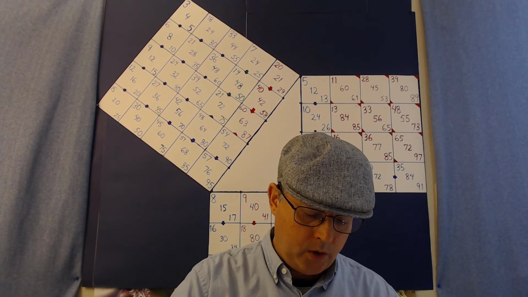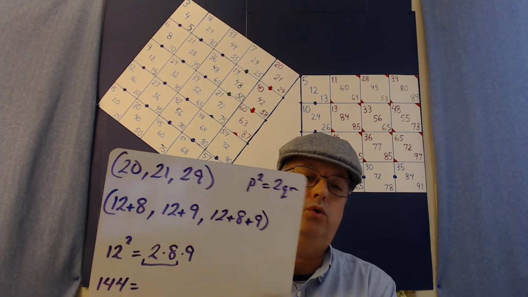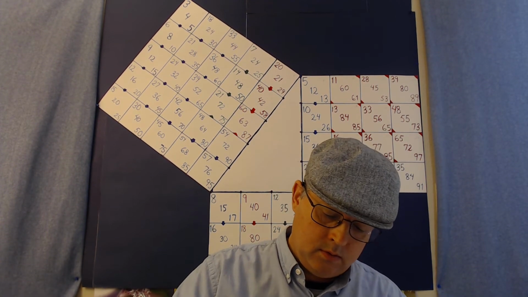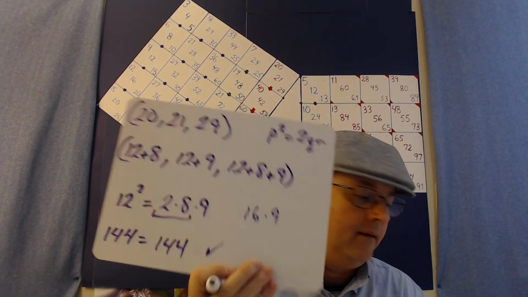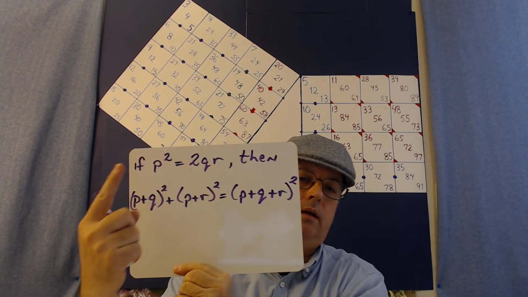And 12 times 12, that's 144. And then 2 times 8 is 16 times 9, well, that's 144 also. So it's happening on this Pythagorean triple also, that this condition is being met.